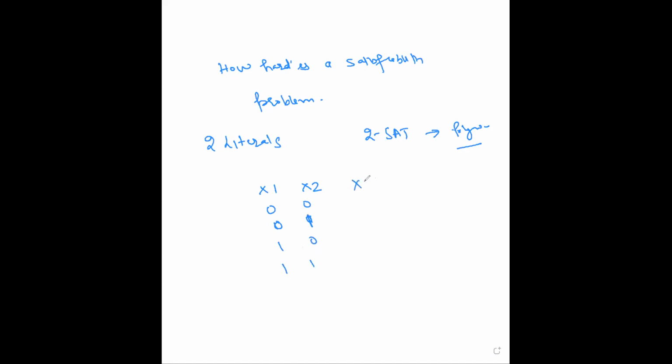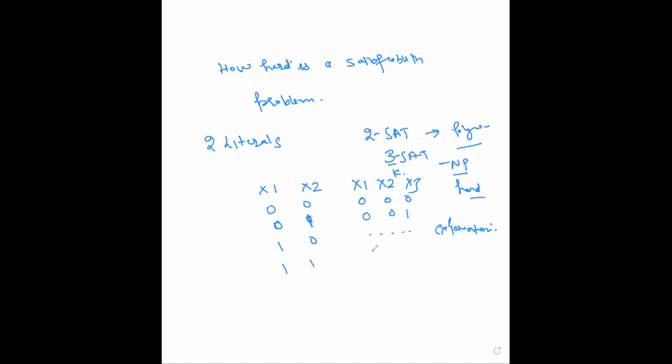If you have 3 literals, x1, x2, and x3, this is considered a 3-SAT problem. And as k continues to increase, it goes from polynomial to NP, a very hard problem, because it becomes exponential. So for x1, x2, x3, how many possible combinations are there?